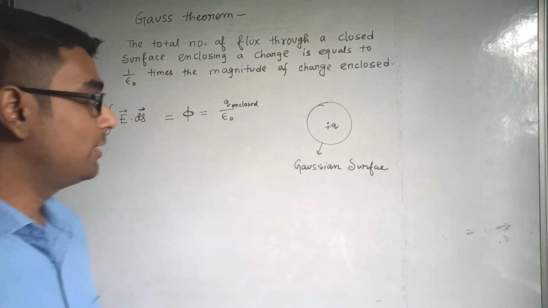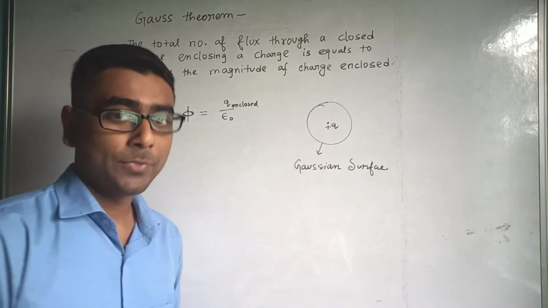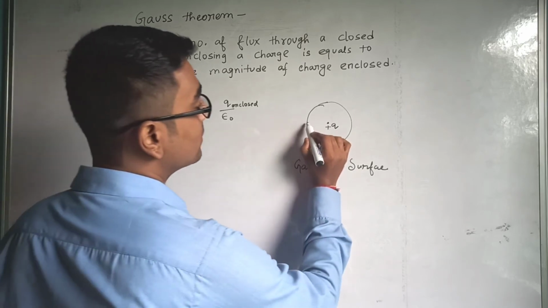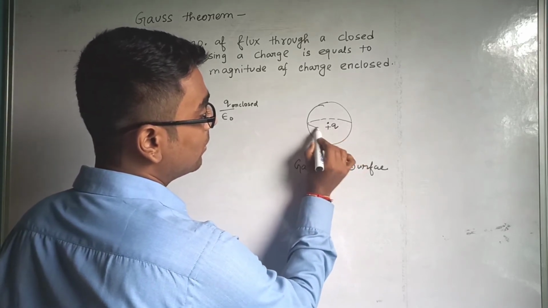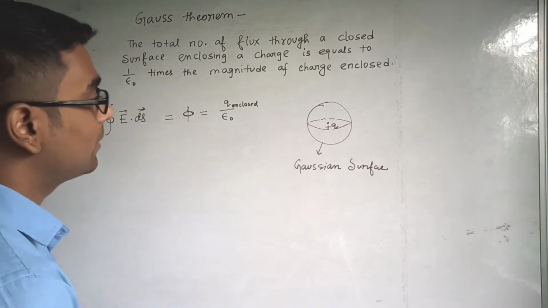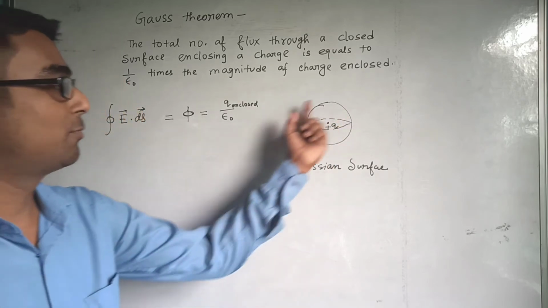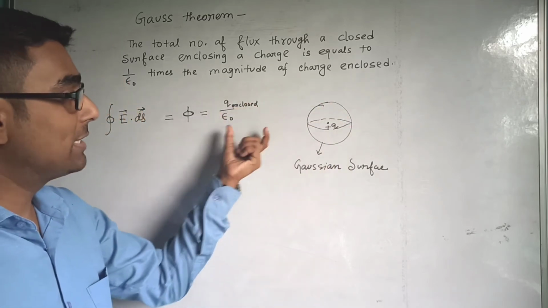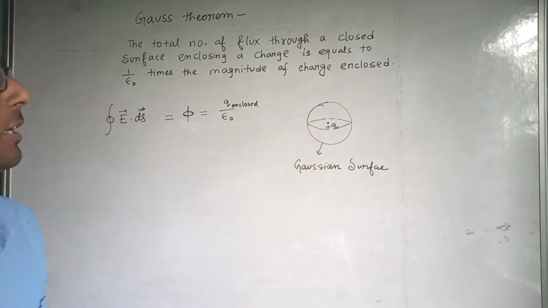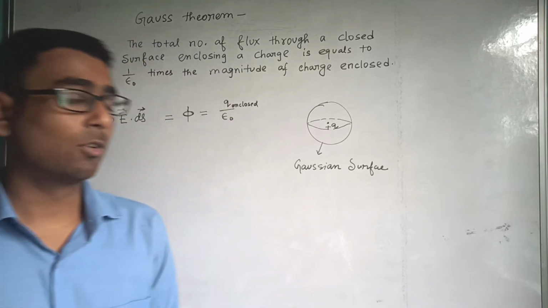We can consider a Gaussian surface as any symmetrical surface. Here we have considered it as a spherical Gaussian surface. So phi, the total flux through the surface, will be equal to the total charge enclosed in this whole surface divided by epsilon naught. This has been stated by Gauss.